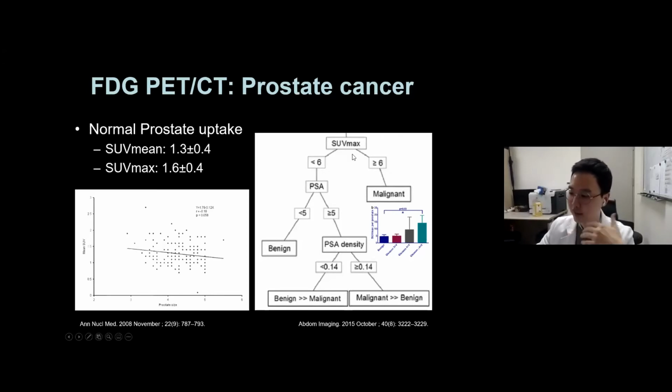Another study reported that when you see a focal prostate uptake, if it exceeds an SUV max of 6, there may be more chance of malignancy. So you should do a biopsy for this kind of lesion with an SUV of more than 6. Another point they pointed out was that among these malignant lesions, lesions with a higher Gleason score had higher SUV values.